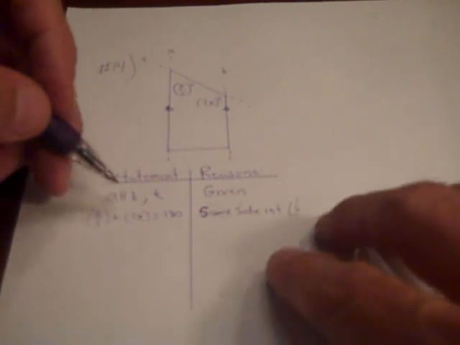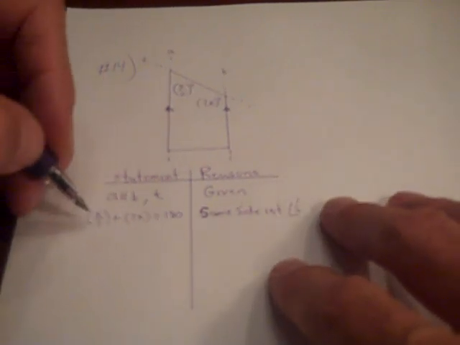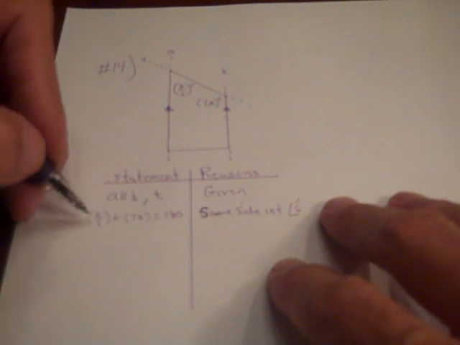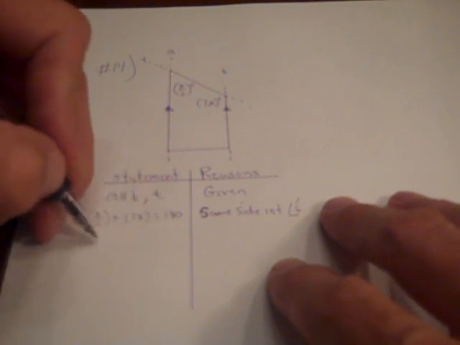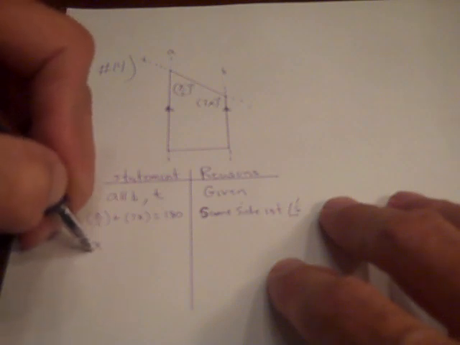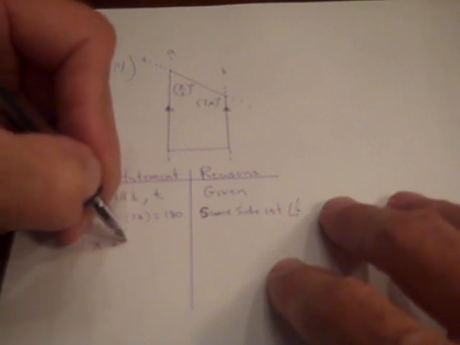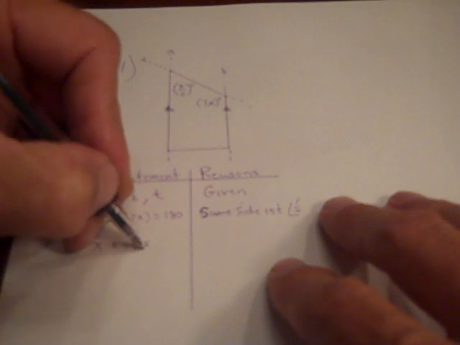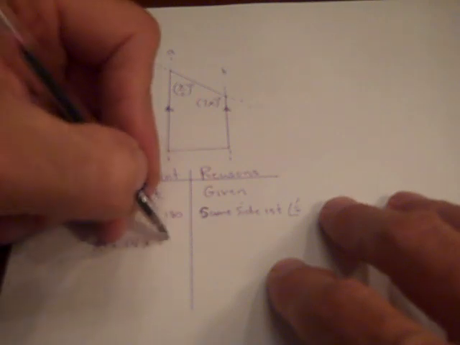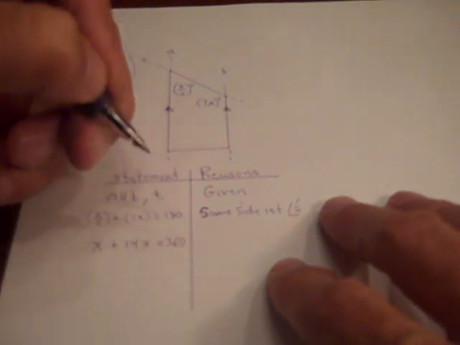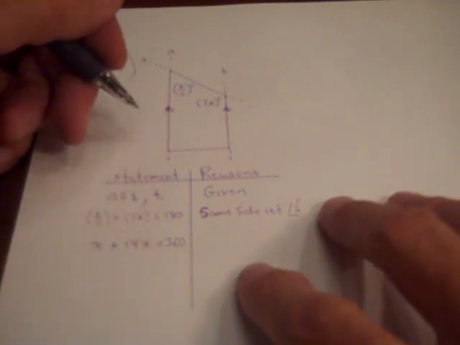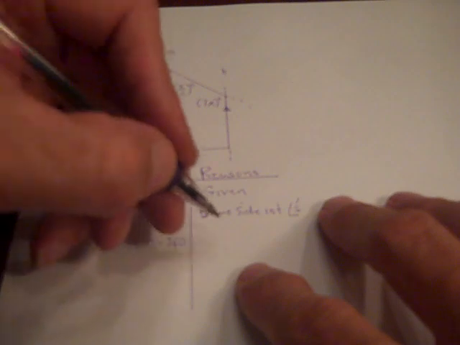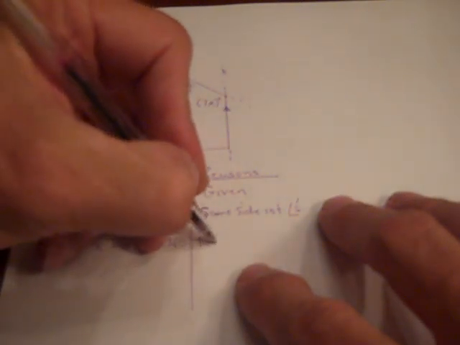Adding these two together, combining like terms, if I multiply both sides by 2 to get rid of my fraction here, that's going to give me x plus 14x is equal to 360.